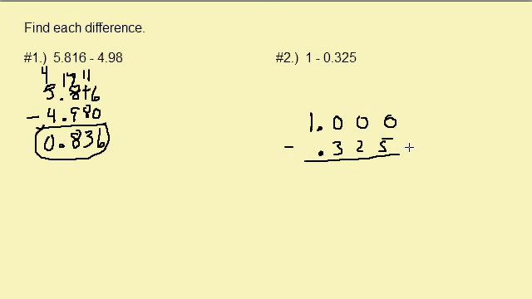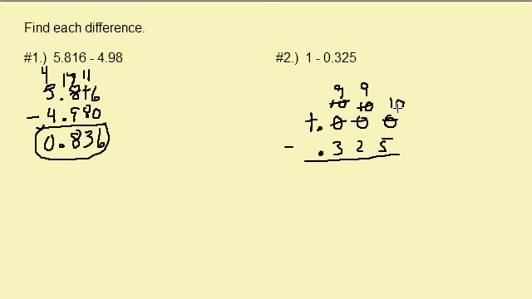So now we need to borrow. So that's gonna be 10, and then we need to borrow here, so that's gonna be 9 and 10, and then we need to borrow for this, so we have 9 and 10.